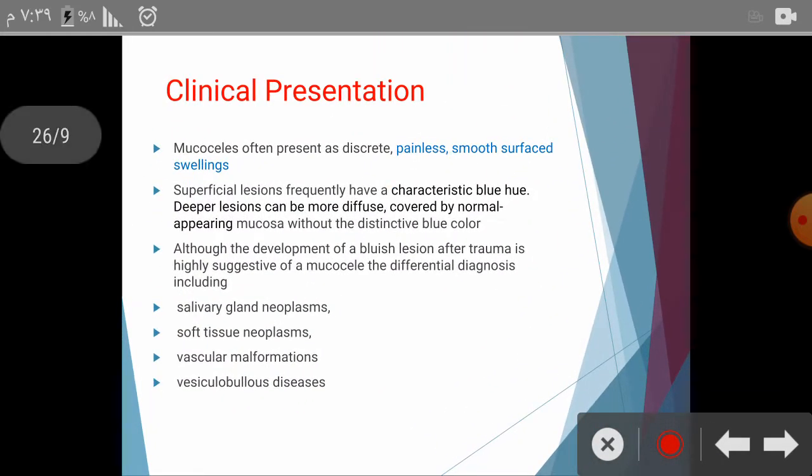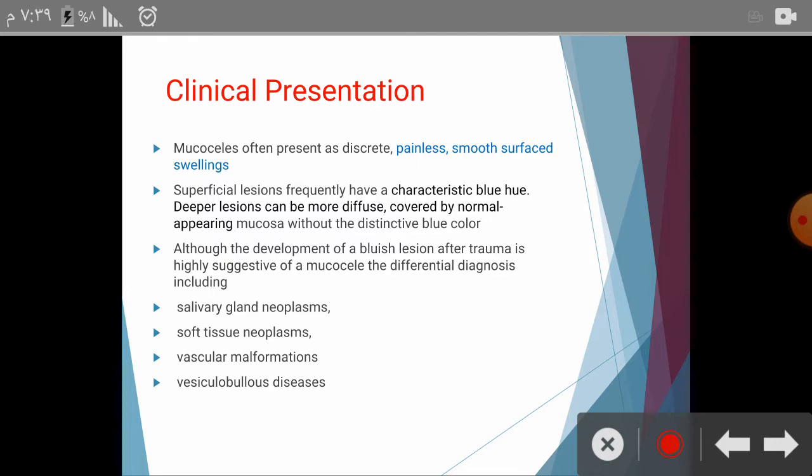The clinical presentation is a painless, smooth-surfaced swelling. The superficial lesion is characterized by a blue color, and the deep lesion is more diffuse and covered by normal-appearing mucosa without a blue color.